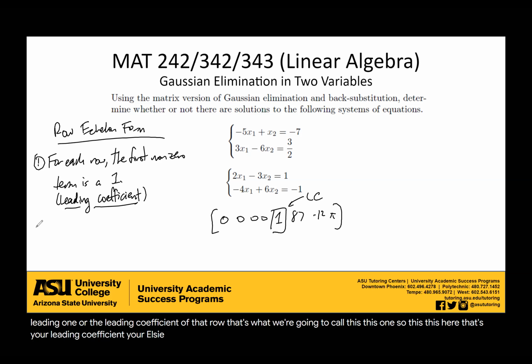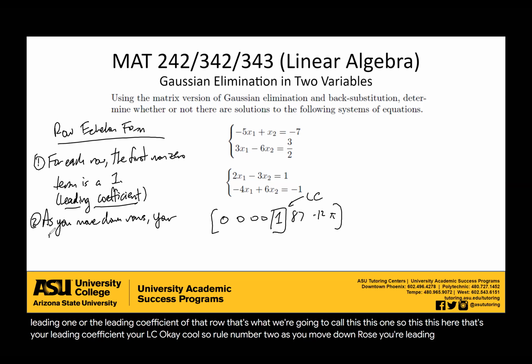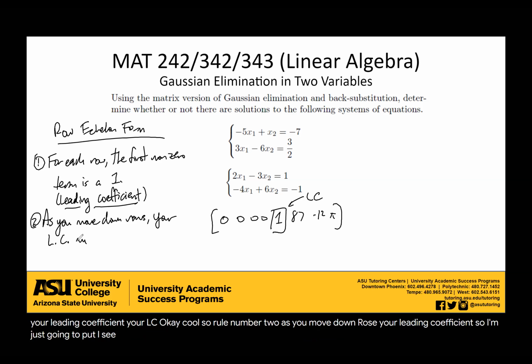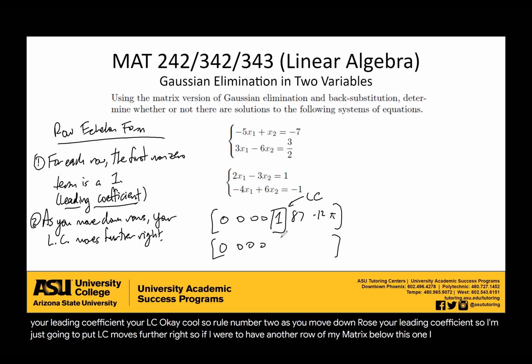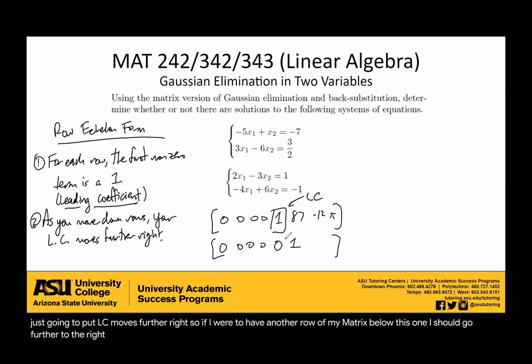So rule number 2: as you move down rows, your leading coefficient moves further right. If I have another row of my matrix below this one, I should go further to the right before I have my leading coefficient. I can't have it directly beneath it, and I can't have it to the left of it.